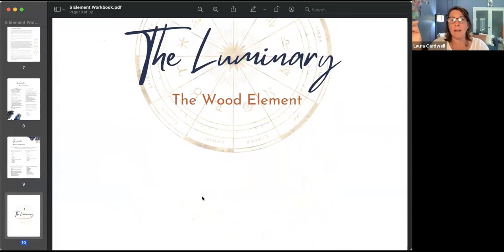But the thing about the elements is it takes working with them again and again and again, really reading through the packet, really sitting with the different archetypes, and then observing around you to start to really embody the archetypes of the 5 elements.